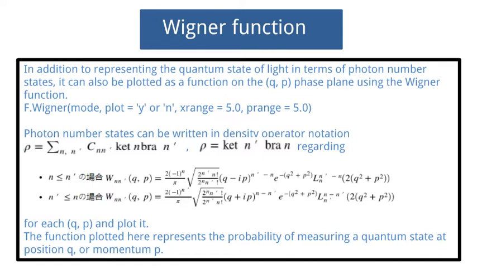The photon number states can be written in density operator notation, rho equals sum over n and n dash, C n n dash, ket n times bra n dash, and for rho equals ket n dash bra n, regarding the formula given below, for each q, p, and plot it. The function plotted here represents the probability of measuring a quantum state at position q, or momentum p.